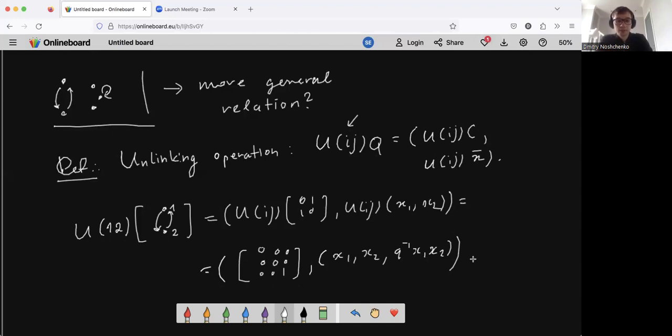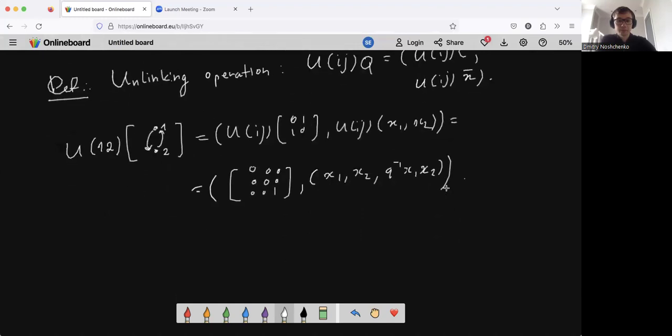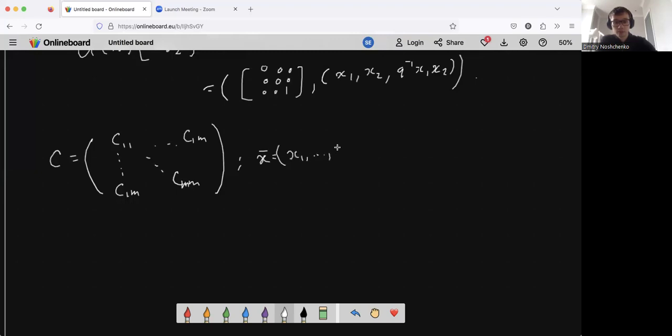And the generalization for an arbitrary quiver matrix would be as follows. So this is a very direct generalization. Given a matrix C, so it would be C11, C1M, up to CMM, and the vector of variables would be just x1 up to xm.